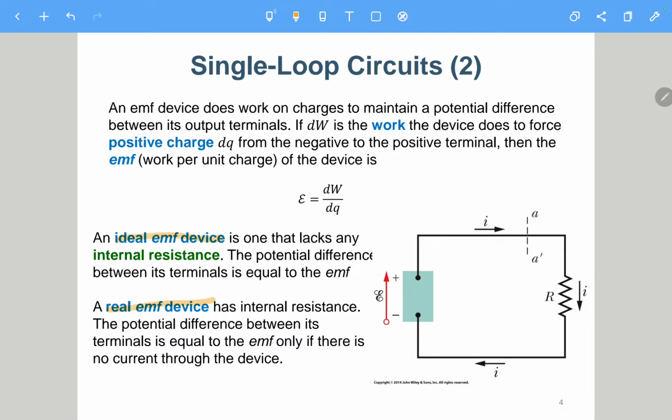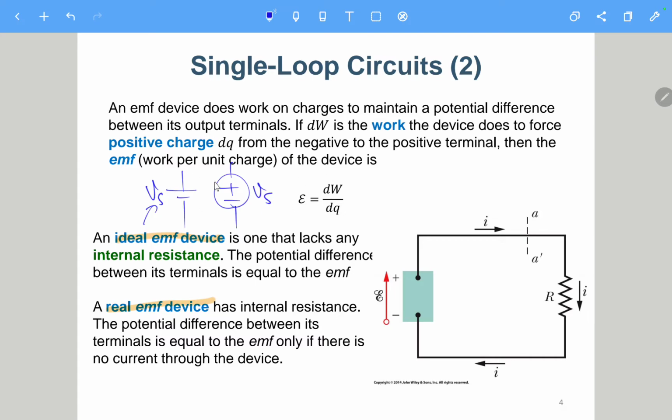So if it is an ideal device, we just assume it to be something like this. Then it is an ideal EMF device. Or sometimes I may draw it like this. These two symbols mean the same thing. In circuit theory, I usually use this notation rather than this one.